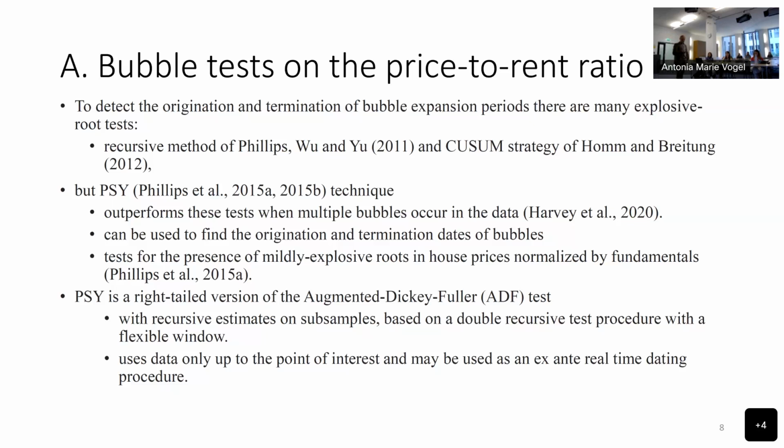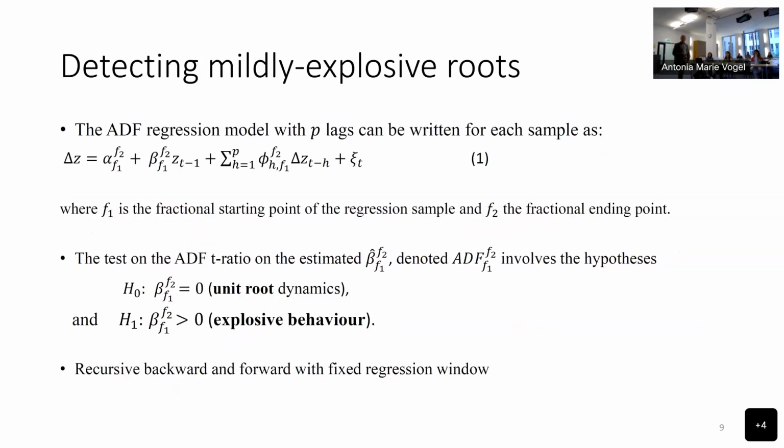Well, the idea is actually extremely simple. It's a regression which almost everybody has used now in time series analysis, which is an augmented Dickey-Fuller test. The trick is simply to change the null. Usually the null is non-stationary against stationarity.